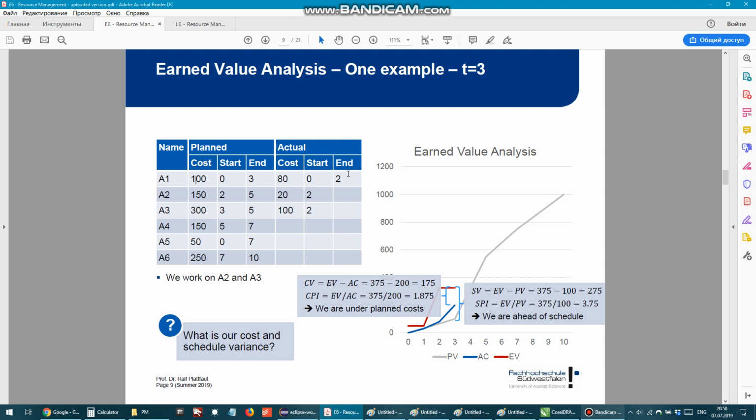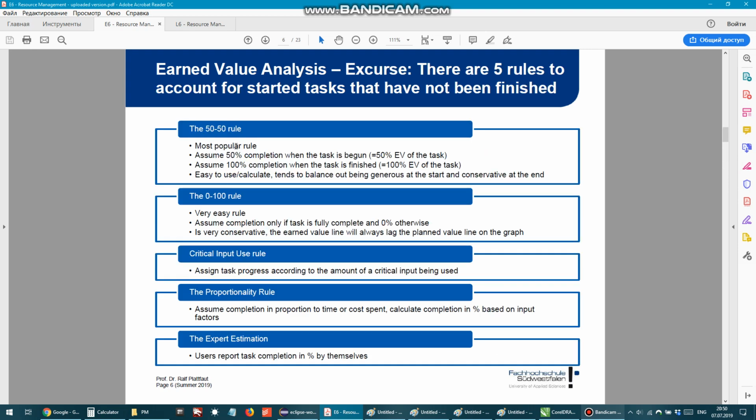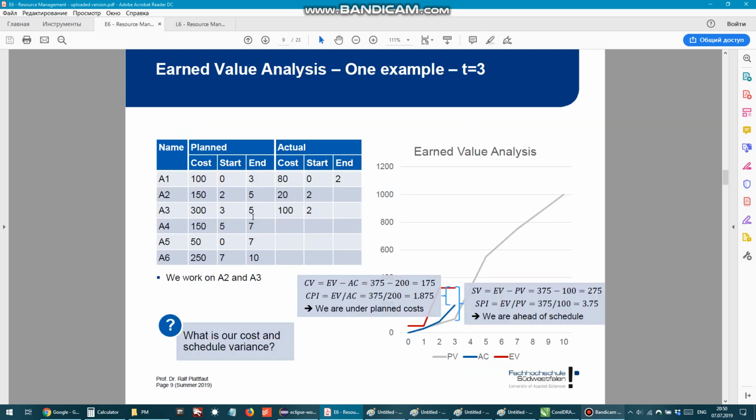Though by day 3, we also started these 2 tasks, this 150 and 300, like A2 and A3 tasks, which means according to the 50-50 rule, we have to already take into account half of these 2 amounts, which are 150, half of 300, and 75, half of 150.